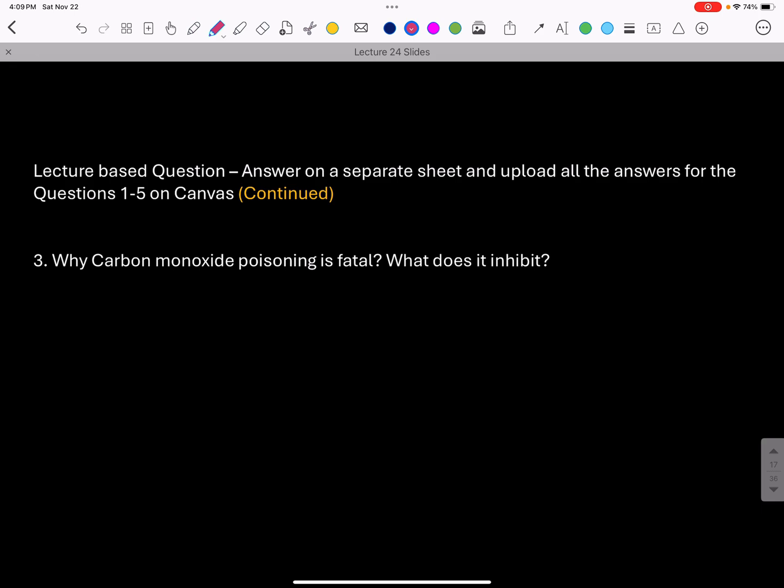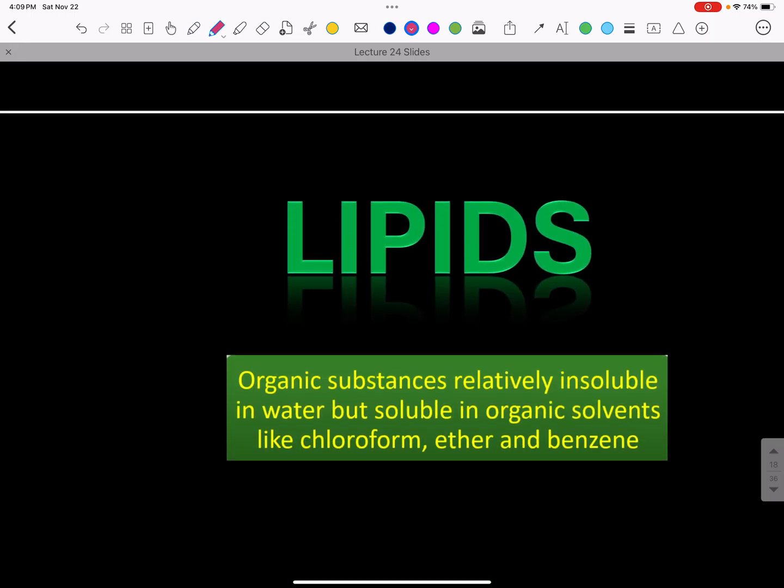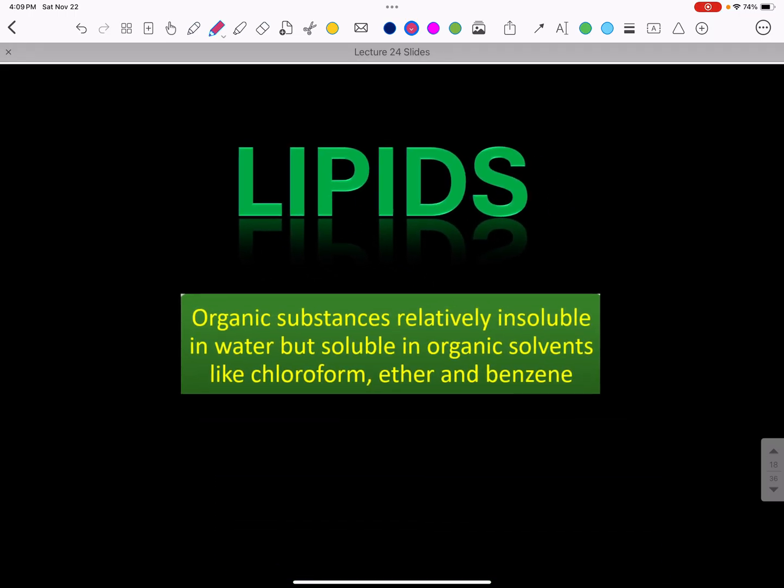And the reason the carbon monoxide poisoning becomes fatal, what do you think is the reason? What is it inhibiting? It's acting as an inhibitor. And what do you think it is inhibiting in the body? All right, so you can pause and work on this one, and then you can continue with the next topic here.